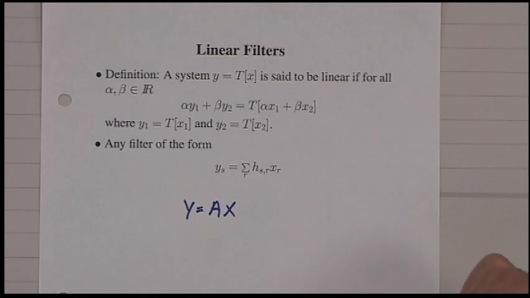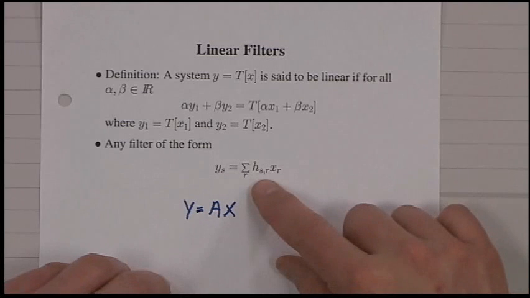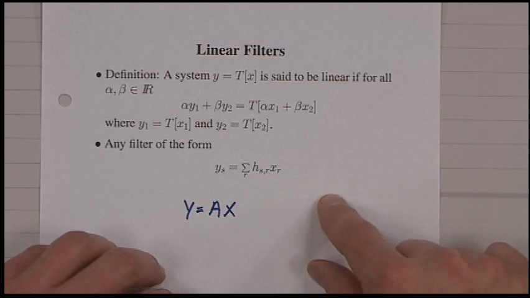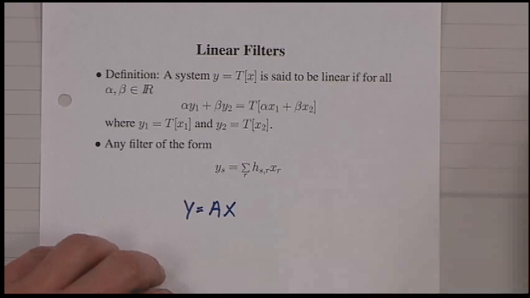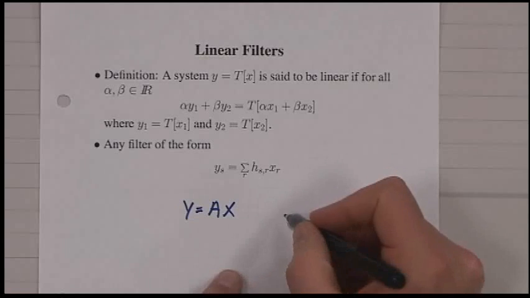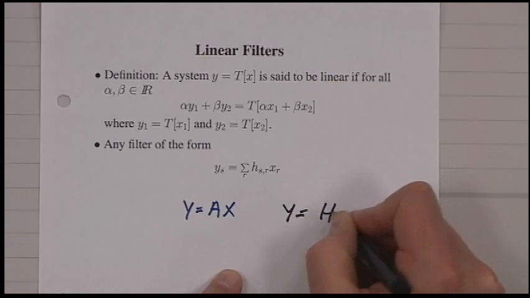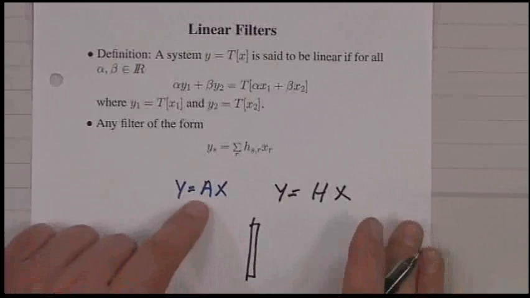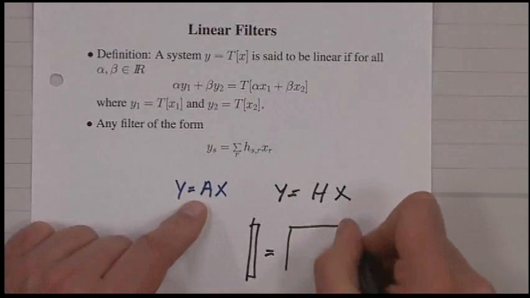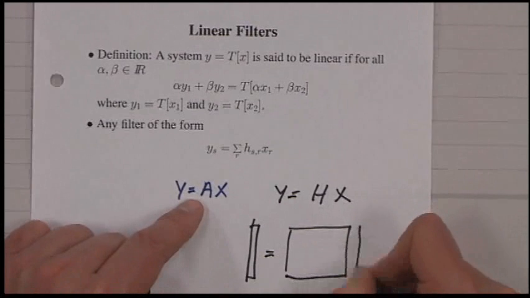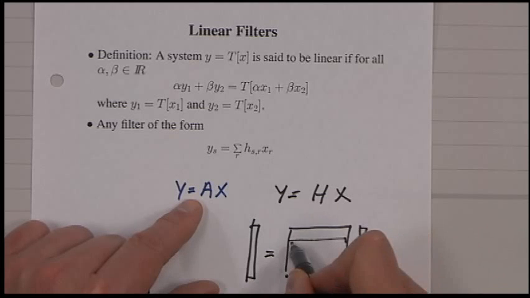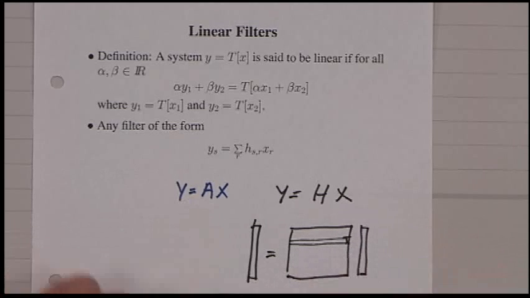You could think of it as a space-variant point spread function, because it can also be viewed in terms of the rows of the matrix H. I should have written it as Y equals HX. So you have a tall vector here, a matrix here, and another tall vector here, and each row of this matrix appears to be like an impulse response.